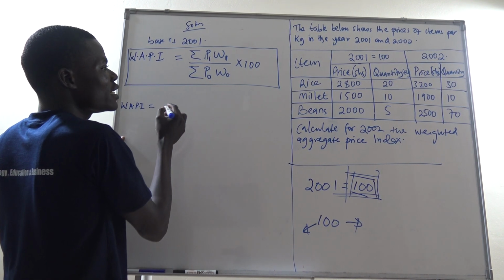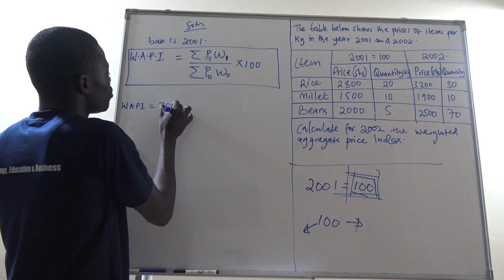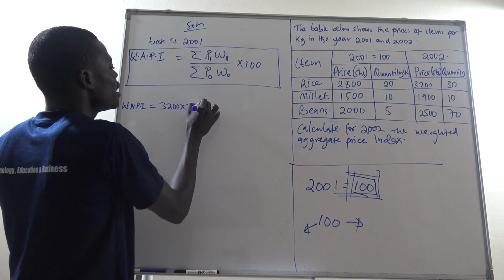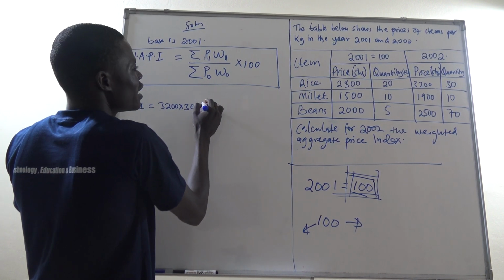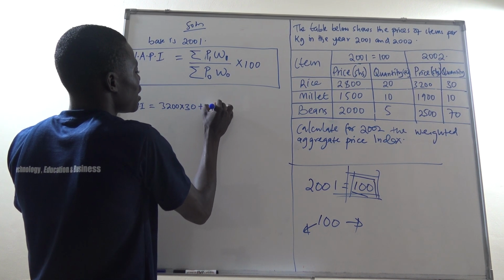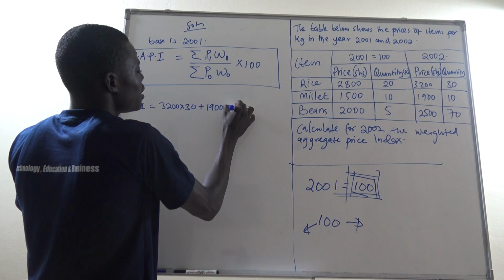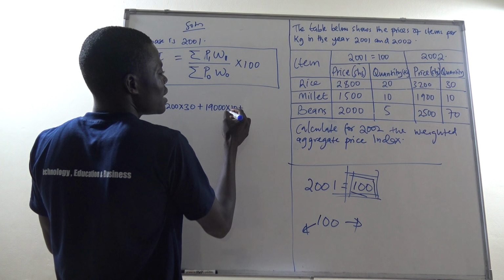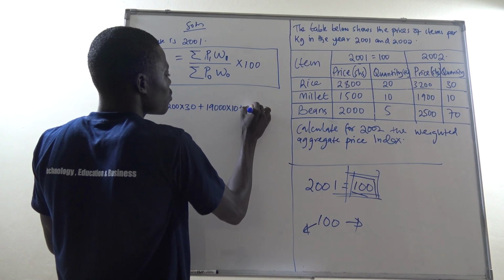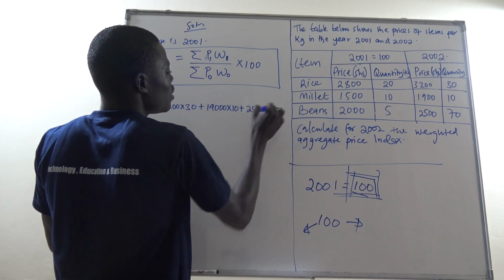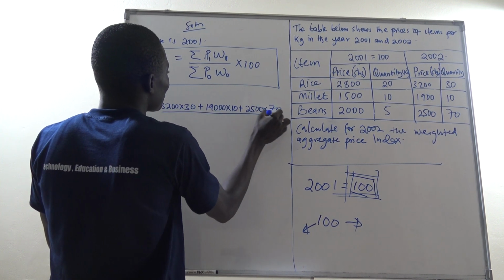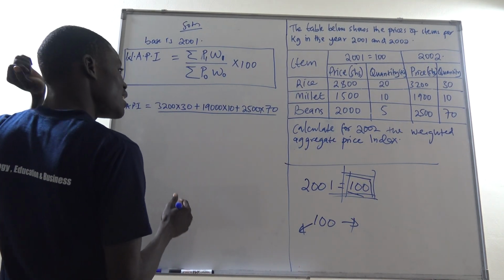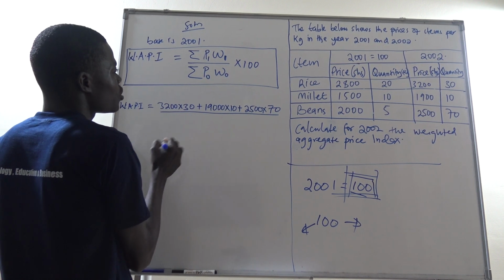The price of rice in the current year is 3,200 times the quantity, which is 30, plus the price of millet in the current year, 1,900 times 10, plus the price of beans in the current year, 2,500 times 70. Then divided by the summation of the price and their respective weight in the base year, which is 2001.